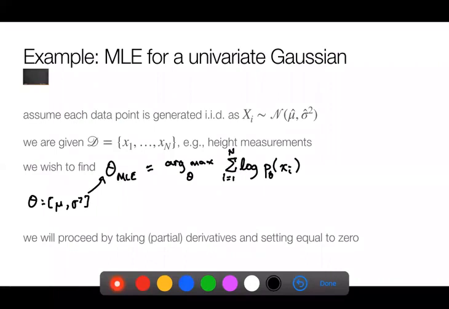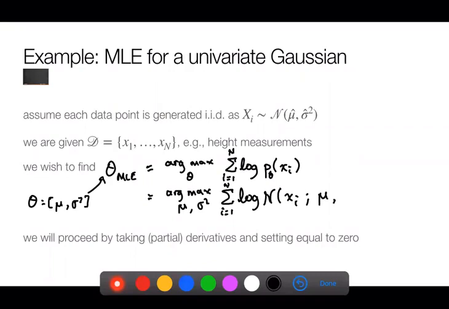Okay, so here in particular, let me write this out with the mean and the variance that I'm trying to estimate. This turns into the sum over all the data that I get to see of the log of a normal distribution, the normal probability density evaluated at my observation xi, parameterized by this mean and this variance.